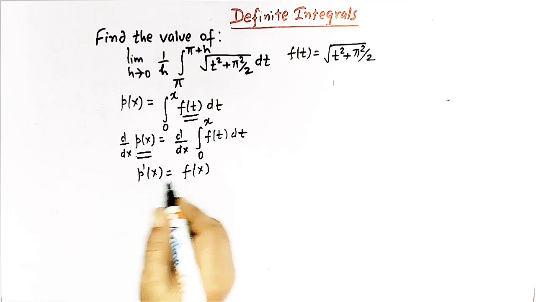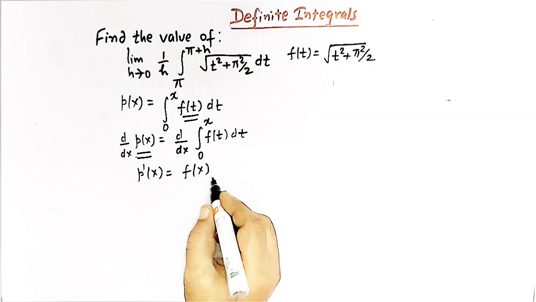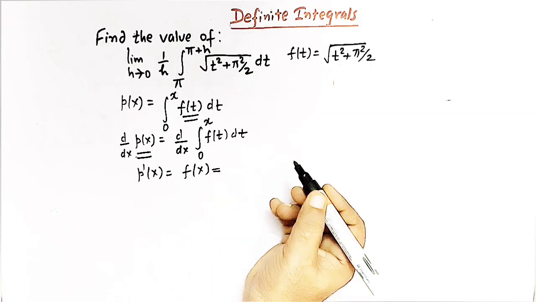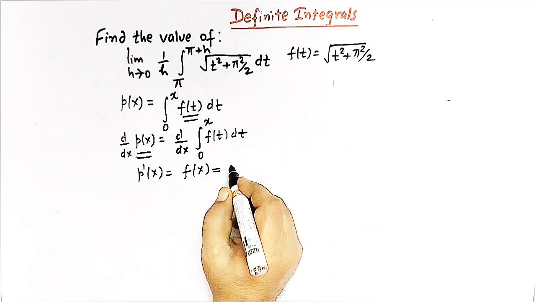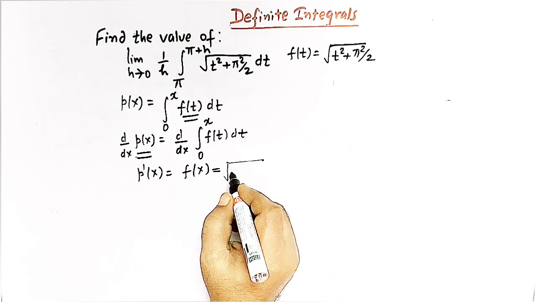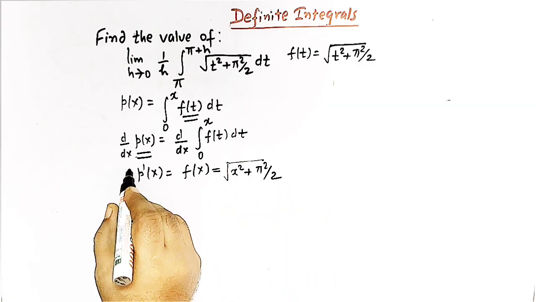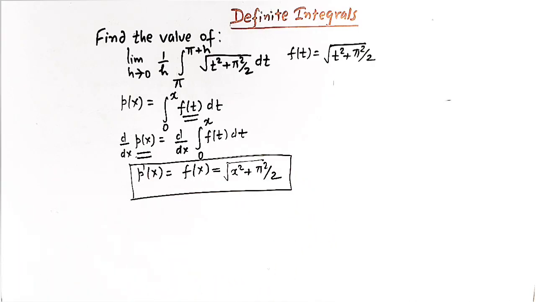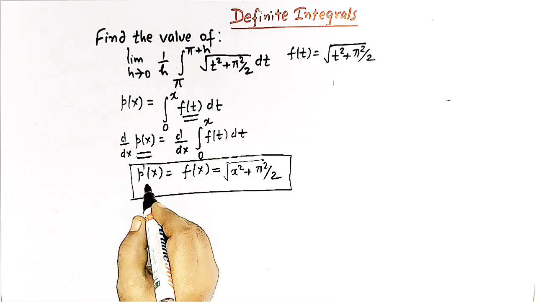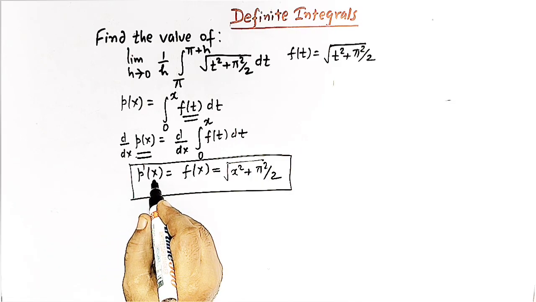So now we have P prime of x is equal to f of x, and f of x can be written by replacing this t by x. So we have here square root of x square plus pi square over 2. So now this is an important relation, right? Okay, so now let us consider the definition of P prime of x.